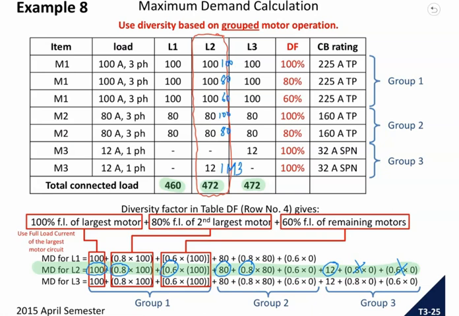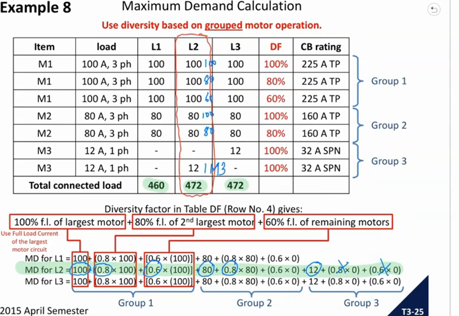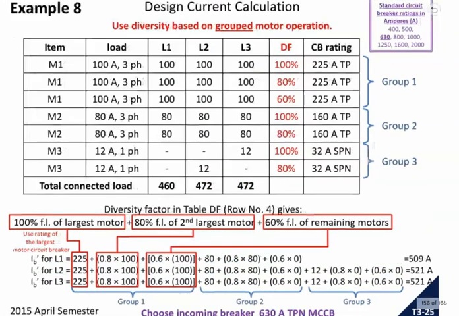Then we move on to calculate IB. Same thing, we only look at phase 2. All we need to do is to replace the 100% full load current of the largest by the circuit breaker rating.